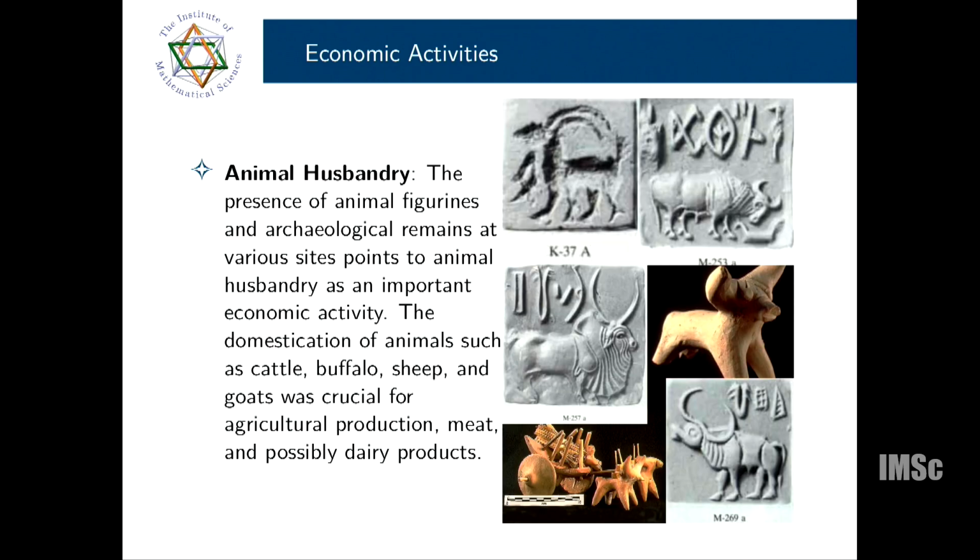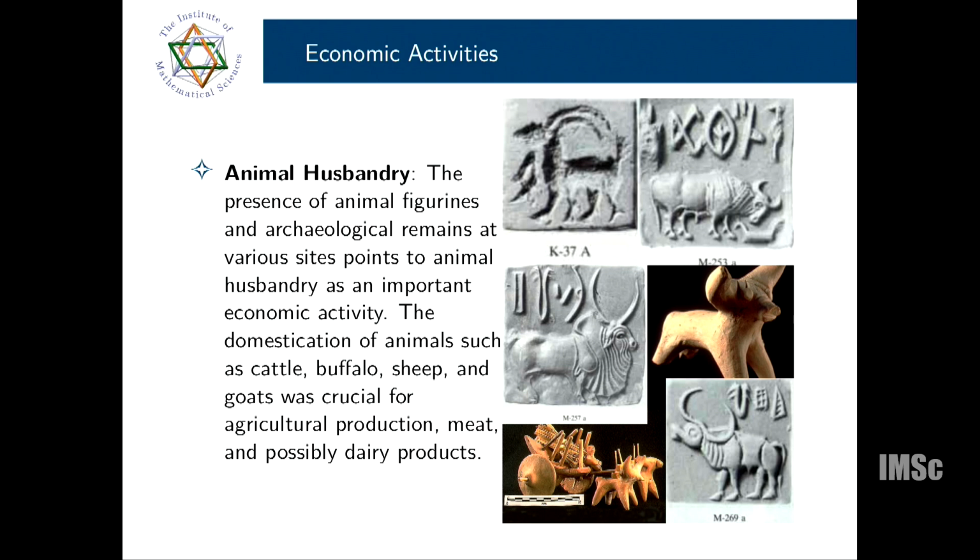Another thing we can understand is animal husbandry. The animal figurines you can see on different seals and tablets, as well as the archaeological remains, show that these animals might have been part of their life.